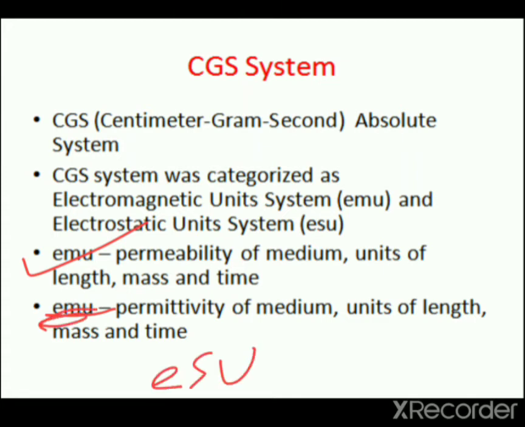Okay, so EMU is more convenient to use instead of ESU, that is the electrostatic unit system, in terms of electrical measurements. In general, if a quantity is expressed in CGS system without any additional designation of electrostatic or electromagnetic, then the electromagnetic unit system is preferred.